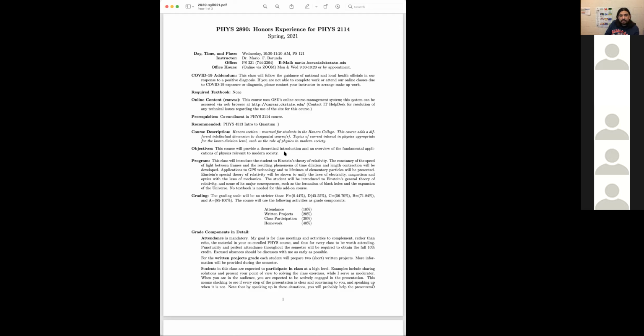But even with that Physics 3 that covers that material, we're actually not able to cover Einstein's theory of relativity at the level that I want to cover during the semester. So the theory of relativity has several tenets. One of them is that the speed of light is constant.